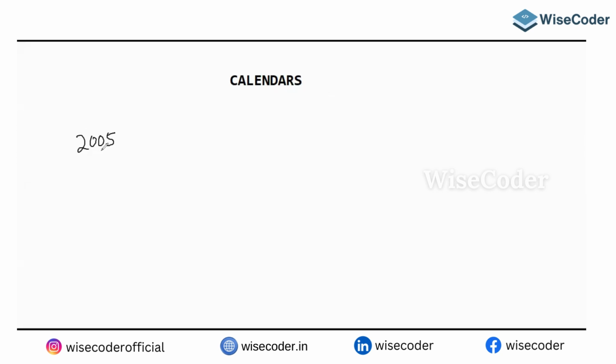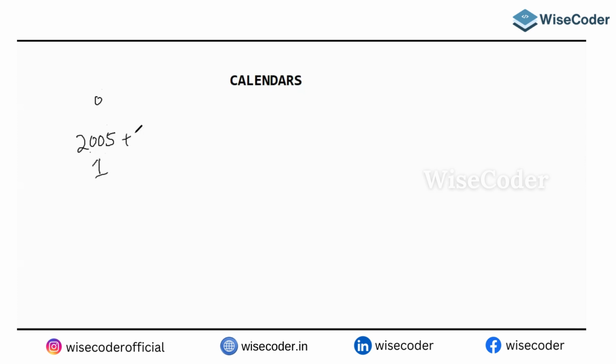You need to figure out when you get 0 odd days, because that year will have the same calendar. 2005 is a leap year? No, so 2005 will have how many odd days?